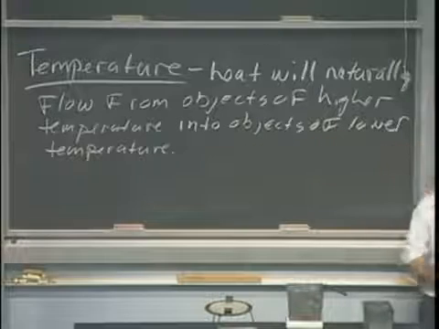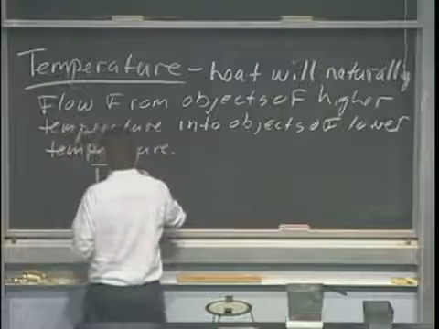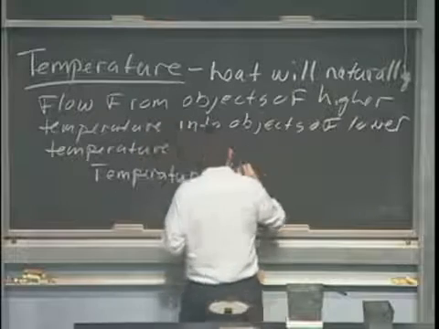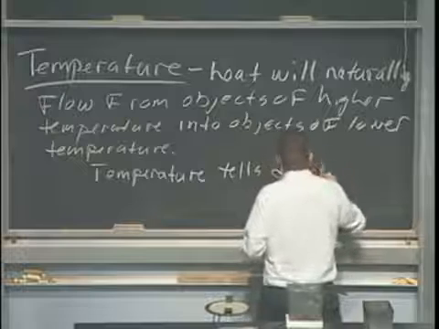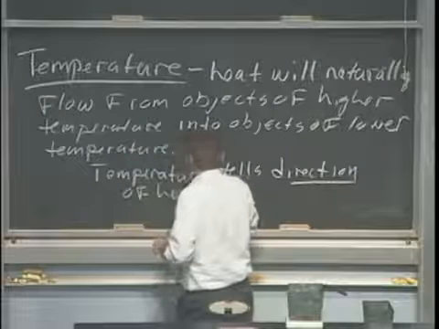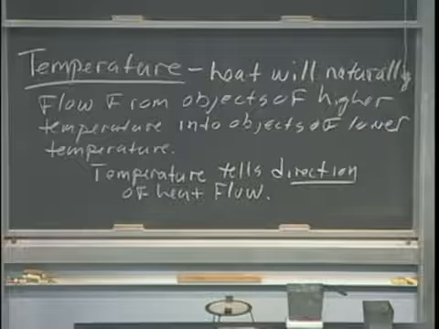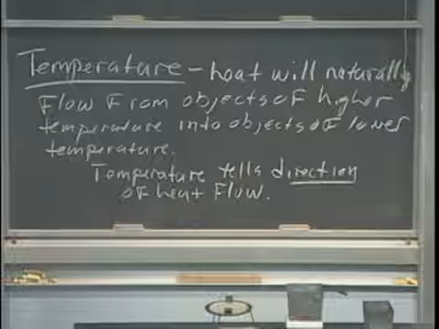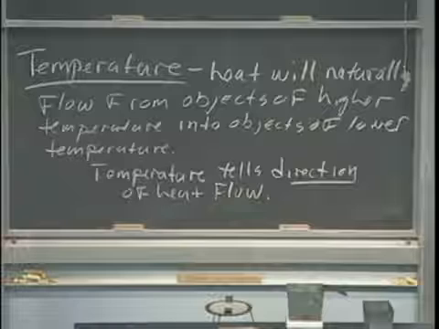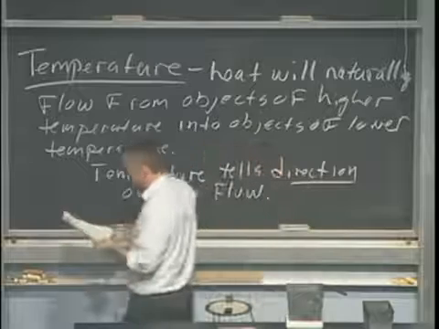Temperature tells us a direction. Unless we are doing some other type of work on a system, temperature tells us naturally which way heat will flow, from hotter objects into colder objects. Objects with higher temperature will lose their heat to colder objects.